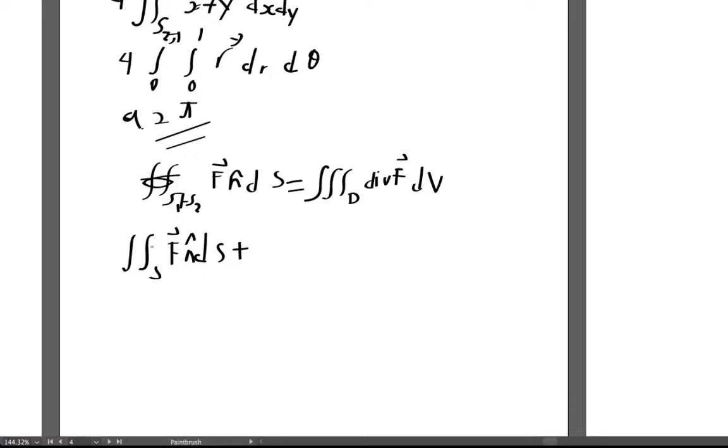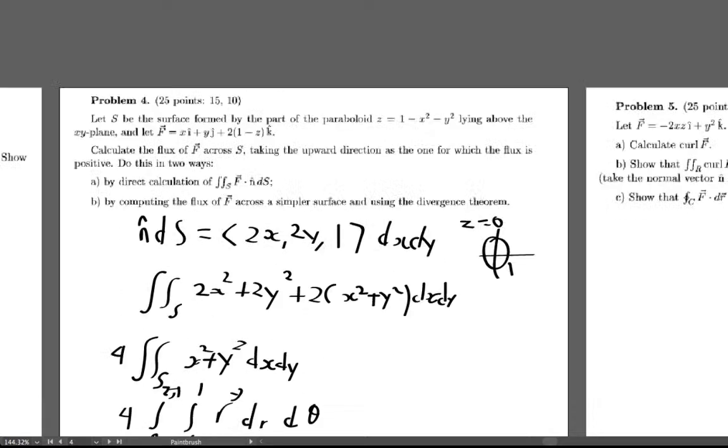And by the way, when you do f vector dot n dS, it is going to be automatically pointing outwards.